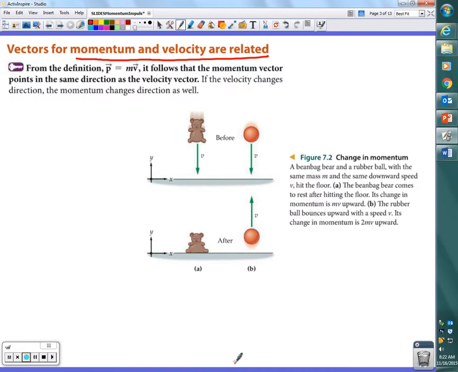So there has to be a way to distinguish that. That's the vector part of velocity, but that then carries on to the momentum as well, okay? Good there? So momentum is the product of mass and velocity, but both momentum and velocity are vector quantities, so the direction is important, and we'll see why that is in just a second.